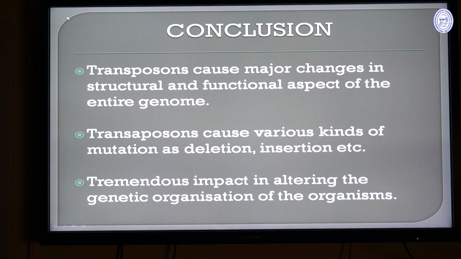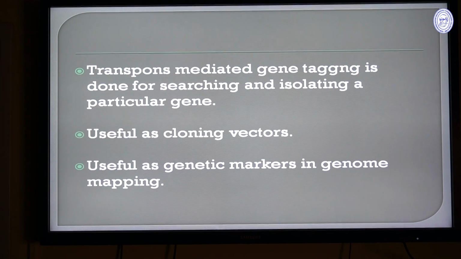They can completely alter the genetic organization of an organism, converting it into a completely new organism. Transposon-mediated gene tagging is done for searching and isolating a particular gene. It is very useful as cloning vectors, and it is also useful as genetic markers in genome mapping.